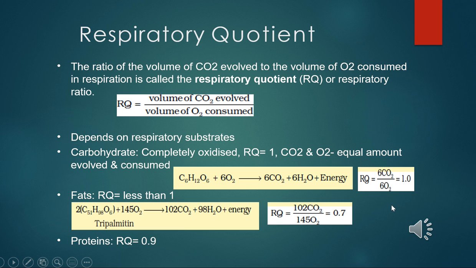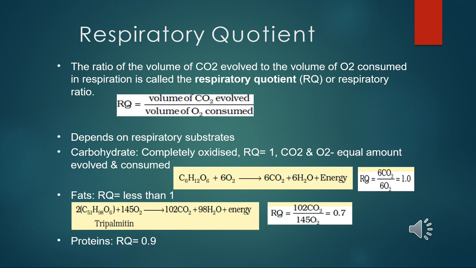Now let's study what the respiratory quotient is. During aerobic respiration, oxygen is consumed and carbon dioxide is released. The ratio of the volume of carbon dioxide evolved to the volume of oxygen consumed in respiration is called the respiratory quotient or respiratory ratio. So the respiratory quotient is equal to the volume of carbon dioxide evolved divided by the volume of oxygen consumed. It will depend upon the respiratory substrate.